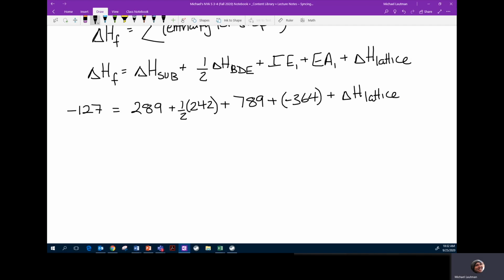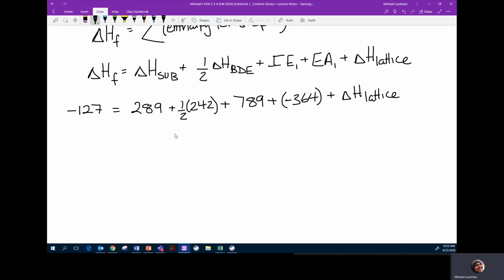Now it's just a rearrangement. We collect our terms: 289 plus 121 plus 789 minus 364 is 835.